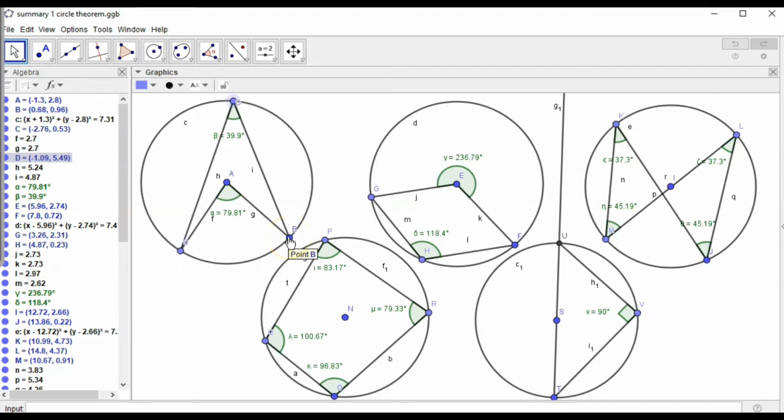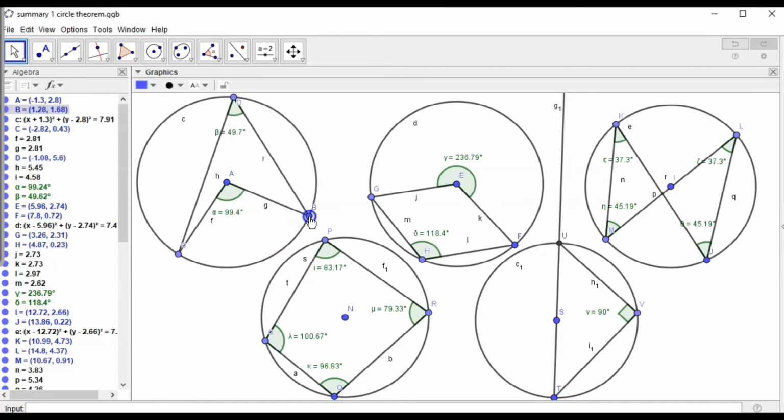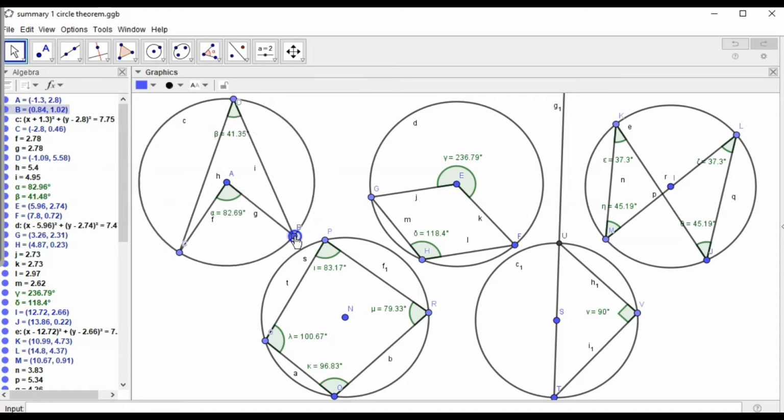Now let's observe something here. When I increase the angle subtended at the center, you realize that it will be changing, and automatically the value of the angle at D, which is at the circumference of the circle, also keeps on changing. So half of the angle at the center equals the angle at the circumference of the circle.